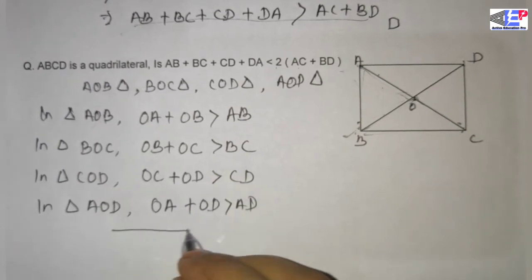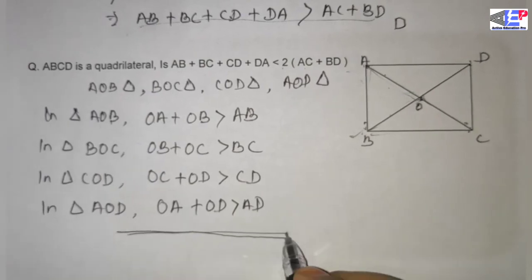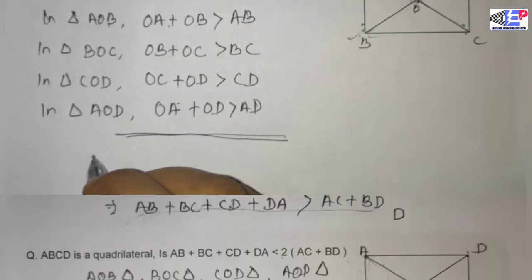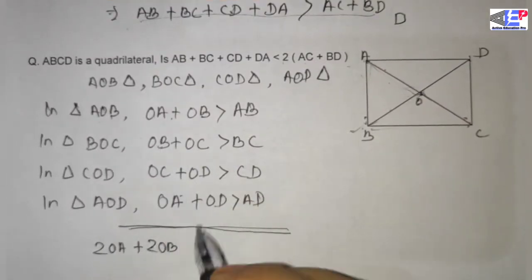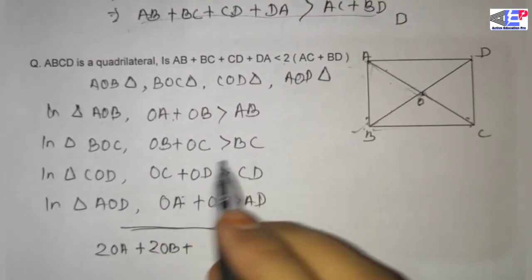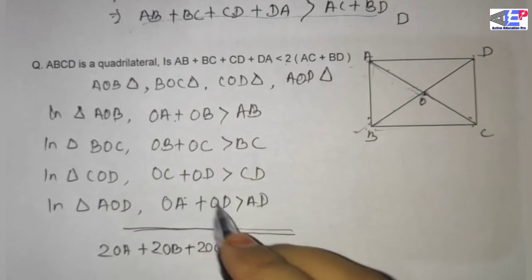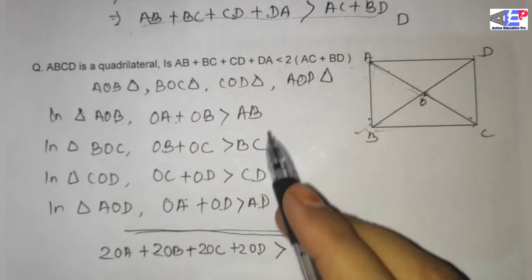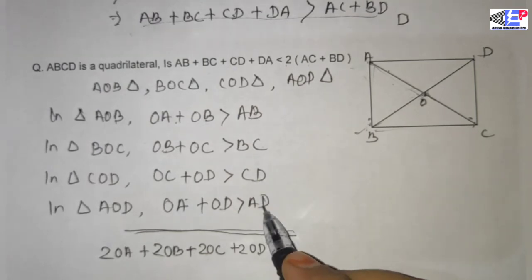So now add these four inequalities. You will get OA plus OA, 2OA, OB plus OB, 2OB, then OC plus OC, 2OC, and similarly 2OD greater than AB, BC, CD, AD, the four sides of this quadrilateral.